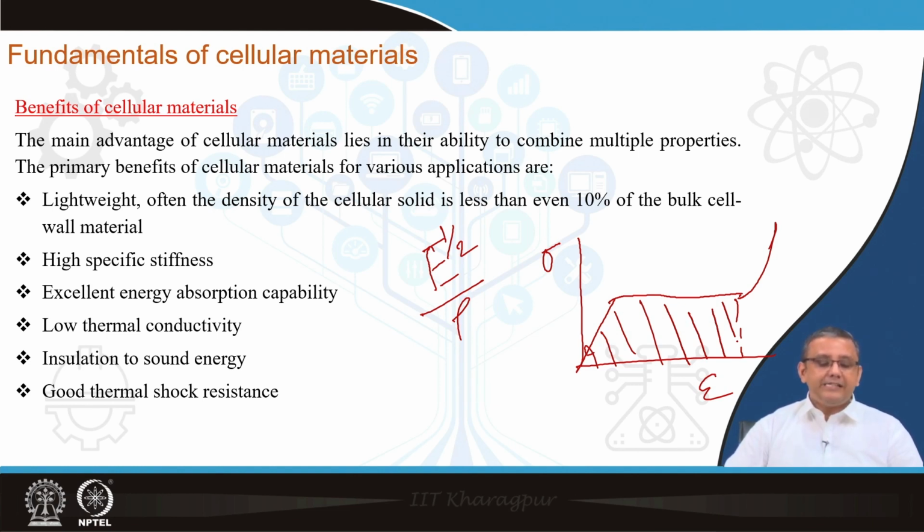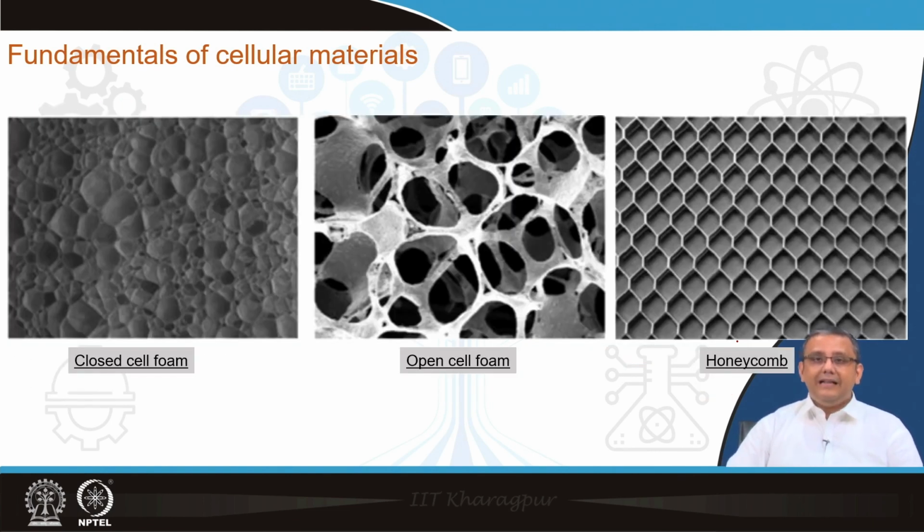Also, cellular materials are very good for sound absorption. You will see afterward that we have to differentiate between the properties: the closed cell foams on the left-hand side are typically used for mechanical properties or structural applications, whereas the open cell foams are very commonly used for functional applications.